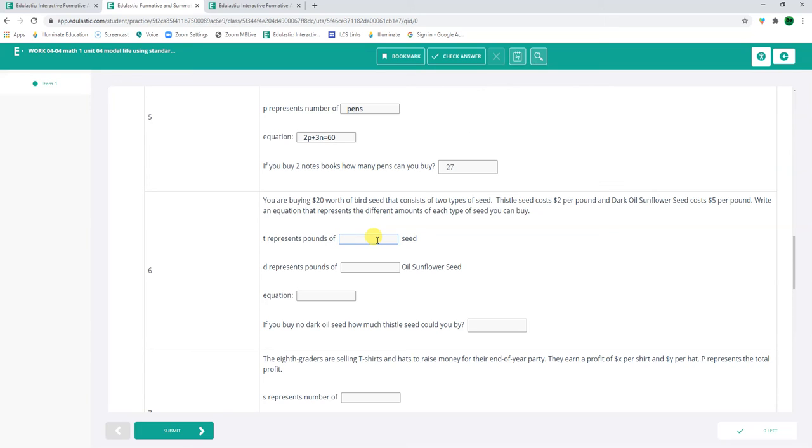$20 worth of bird seed, 2 types, thistle seed. So T represents pounds of thistle seed. D represents pounds of dark oil sunflower seed. $2 times thistle seed pounds plus $5 times dark oil seed equals $20.